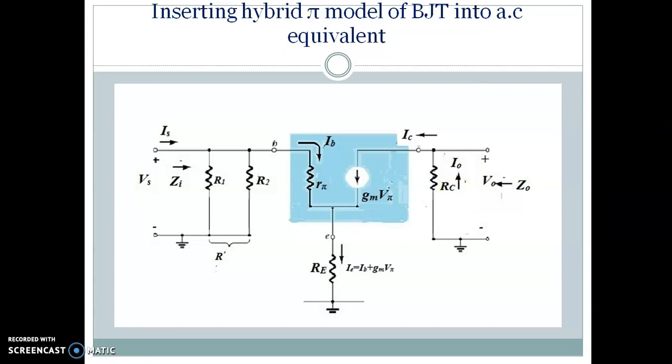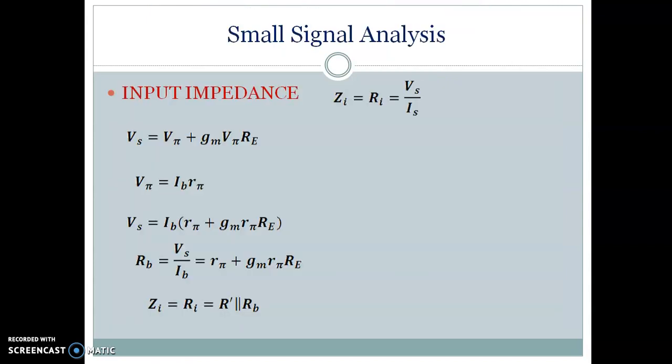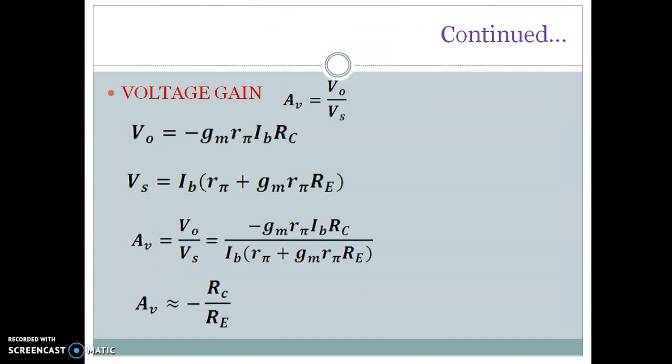But I0 is nothing but IC, if you apply KCL at the node, so I0 is equal to IC. Therefore it is minus gm V pi, and V pi is IB times R pi. So it is minus gm R pi IB RC. Vs, we have already established in terms of IB: it is IB times (R pi plus gm R pi RE).